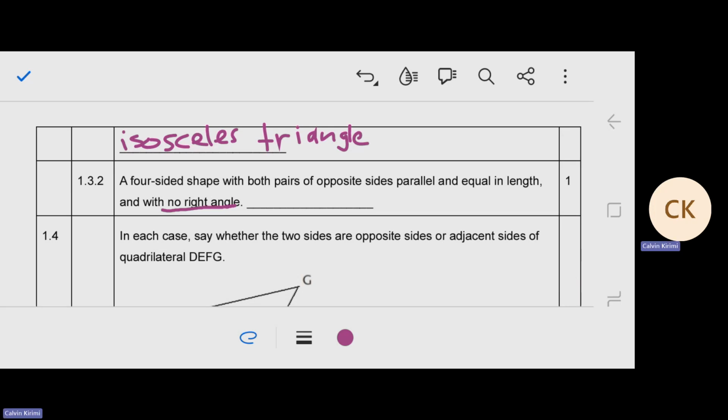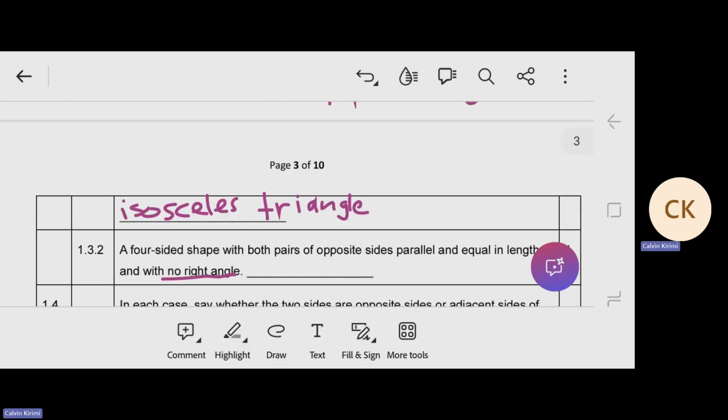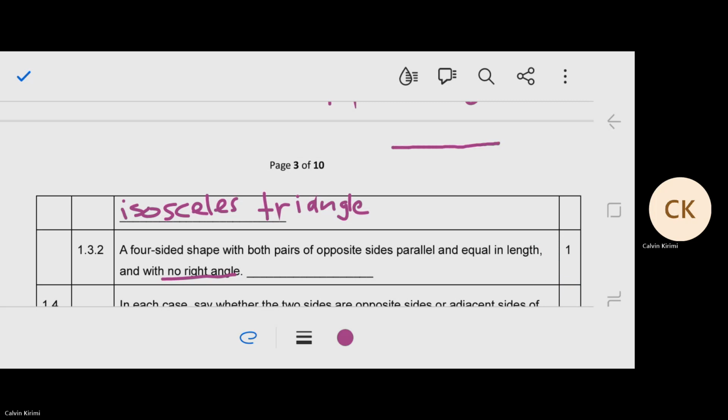So the four-sided shape, both pairs of opposite sides parallel and equal in length, means we are talking of a parallelogram. The shape which is like this.